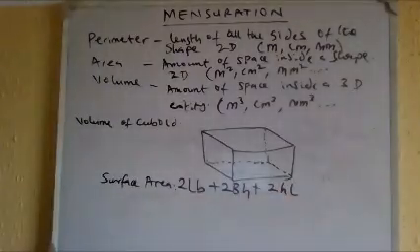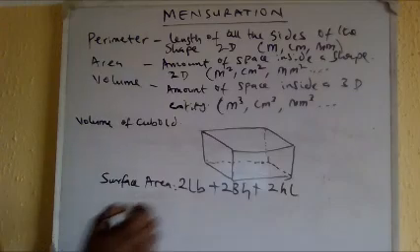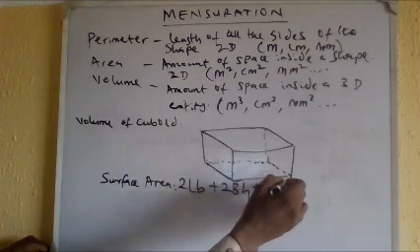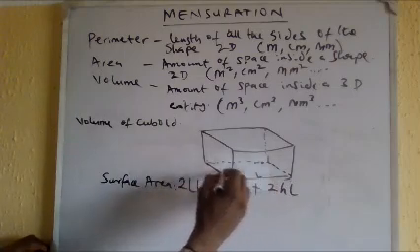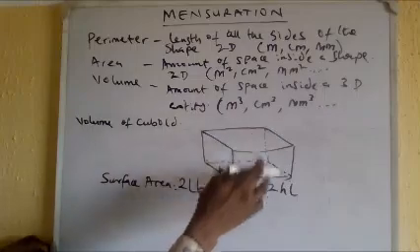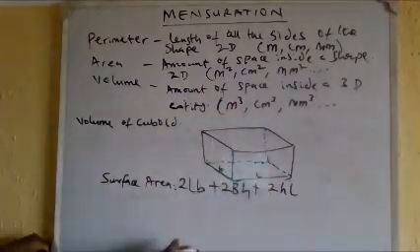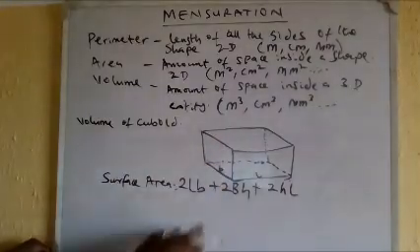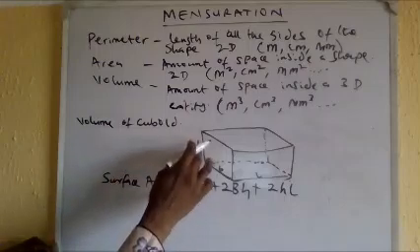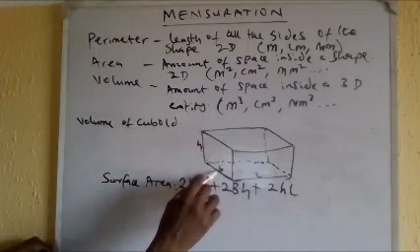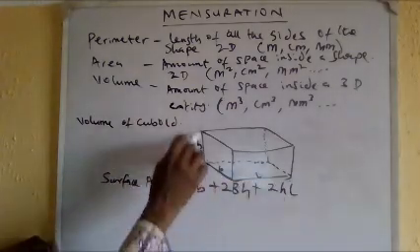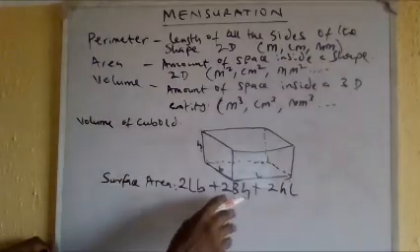Okay, so let me explain further. This one now is length and breadth. So this is length, this is breadth. That's this one. And this one has two sides, this side and this side. Understand? Then when you come to this side again, there's a height. So this same B that is forming a rectangle with this L is forming a rectangle with this H. That's why I have it as BH.